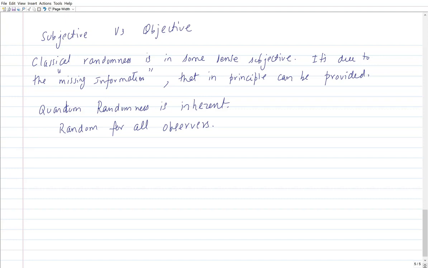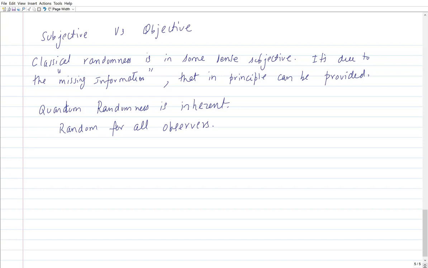Or let's say I'm playing a game of cards and I am dealing as honestly as possible. You calculate the probability of getting a jack, a king, or a queen in a game of cards. But for someone who's cheating, he has all the maximal information about the process. Well, for him, it's a deterministic process. It's no longer gambling, it's cheating.